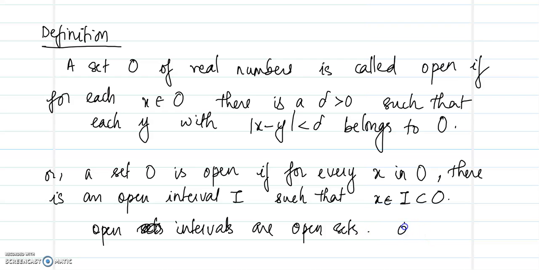Then the empty set phi and the set of real numbers R are open. So these are sets which are always open.